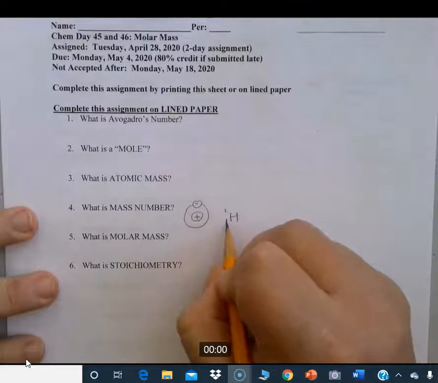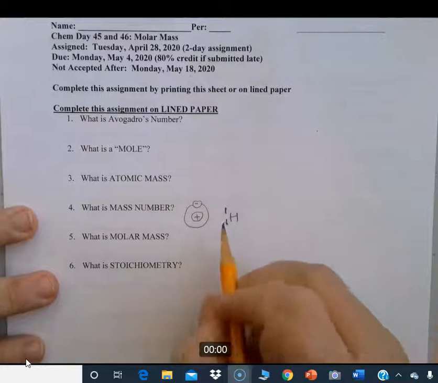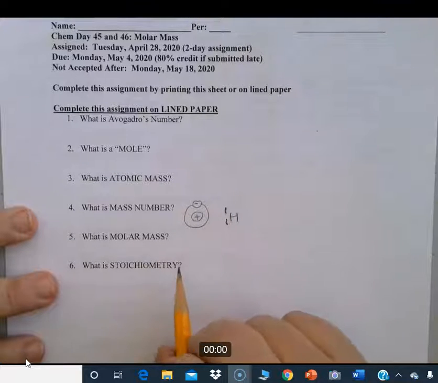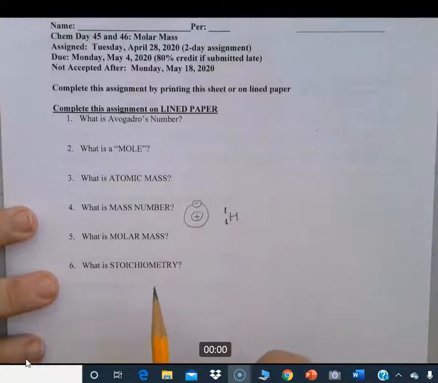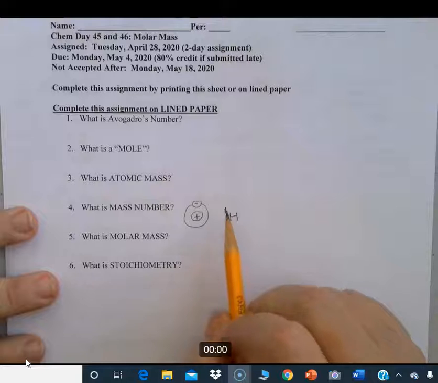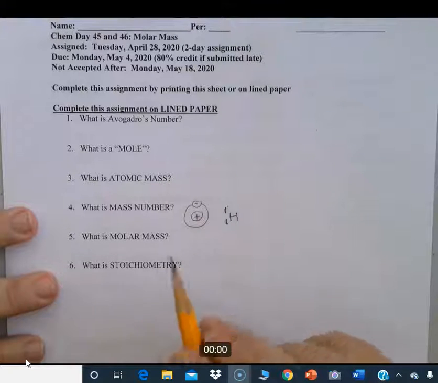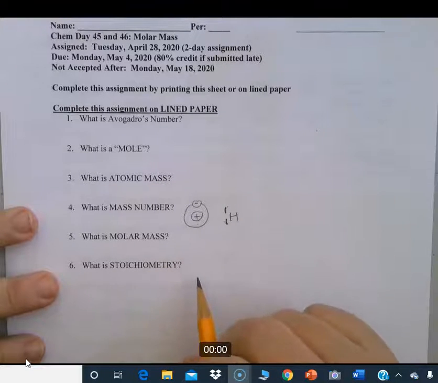The 1 means it has one proton, and the one up on the top means it has a total mass of 1, because one proton has a mass of 1 atomic mass unit. So that would be called a 1, 1. That's the isotope notation for hydrogen, and it looks like that.